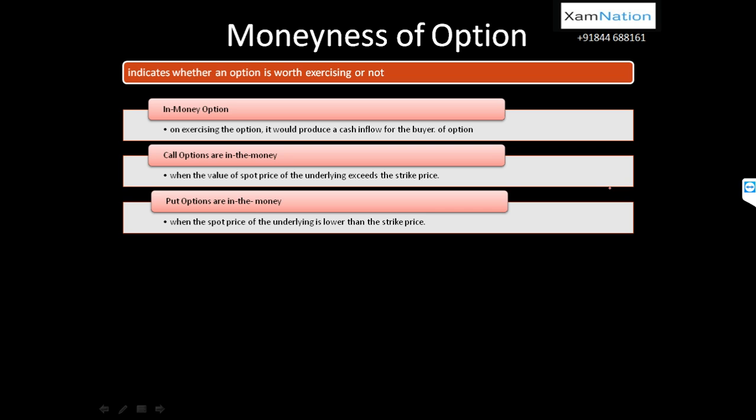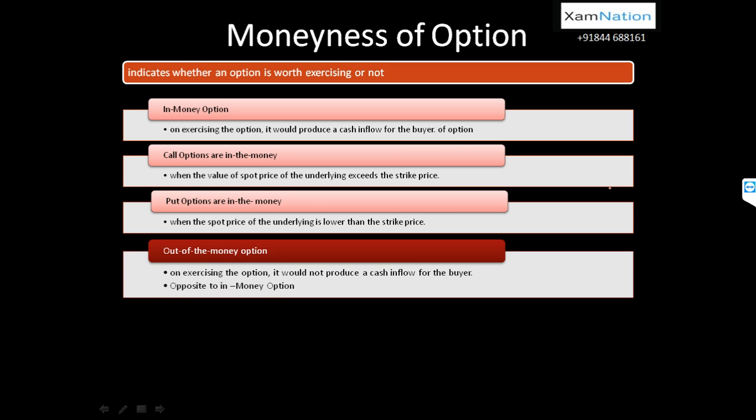For a put option to be in the money, the spot price of the underlying asset is lower than the strike price. Since the spot price is lower, he has the right to sell, so he will not sell into the market but will sell at the strike price. Now an out of the money option is the exact opposite of the in the money option, in which the person will not exercise the option. Why? Because exercising would produce a cash outflow for the person who has bought the call option or put option.